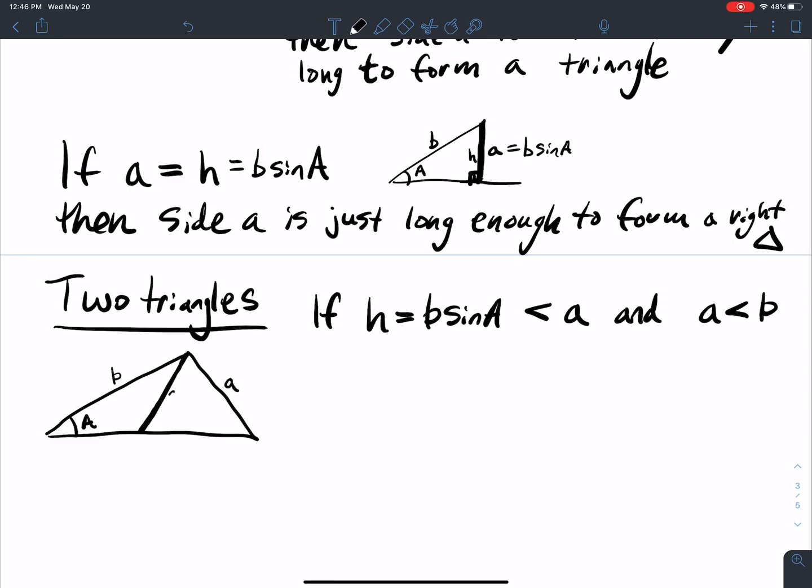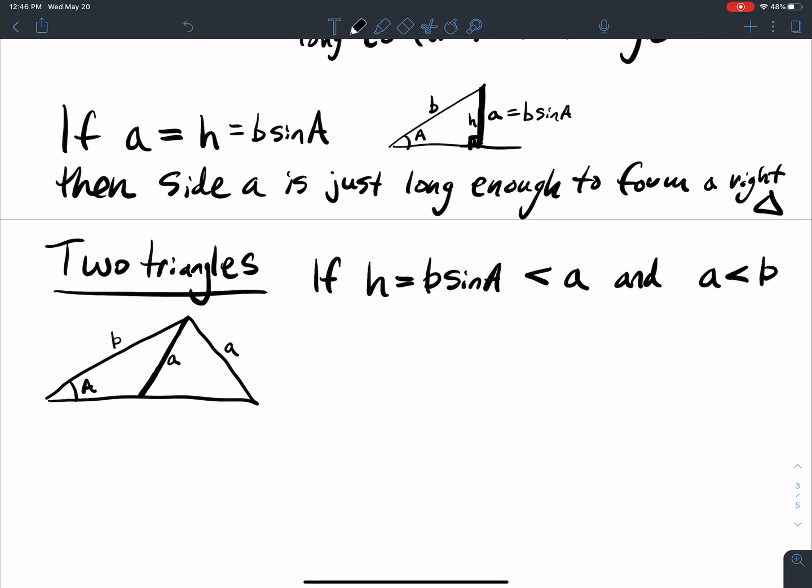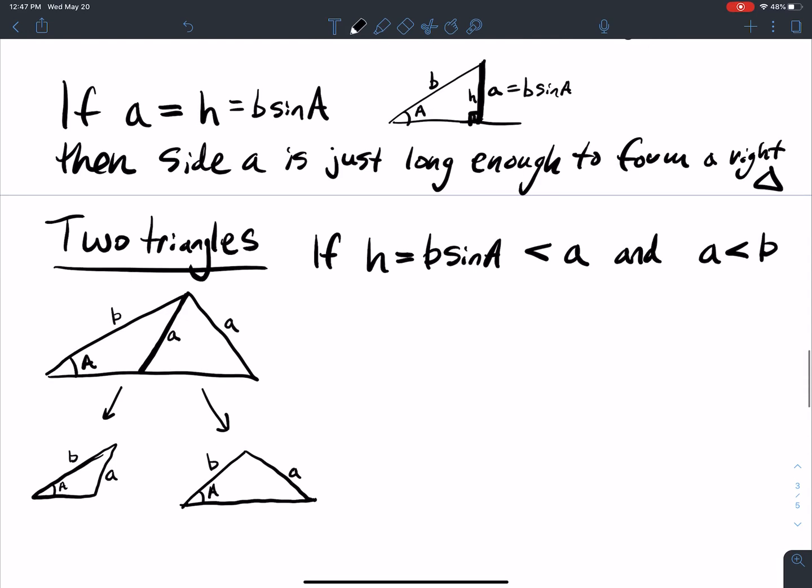Okay, so how does that happen? Well, you could have this scenario: capital A here, little a, and then little b there. That's one of them. And then the other scenario is like this: little a and b and capital A here. Okay? So those are the two triangles that you could do.